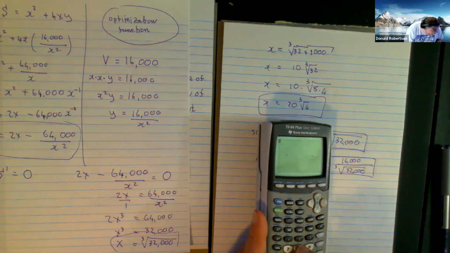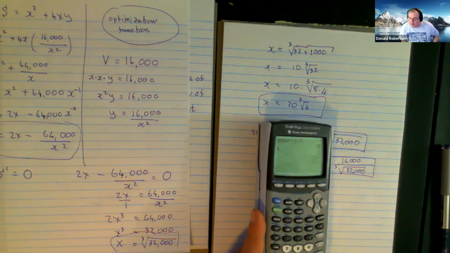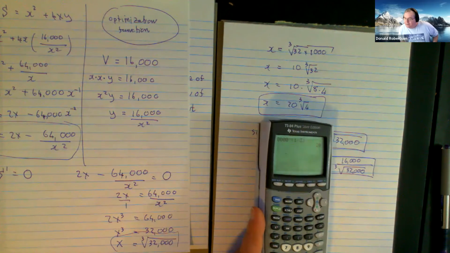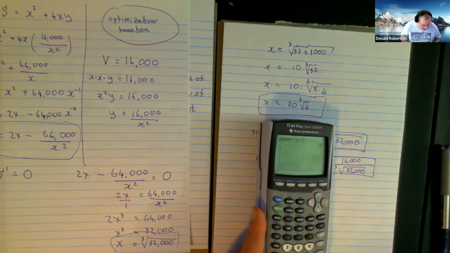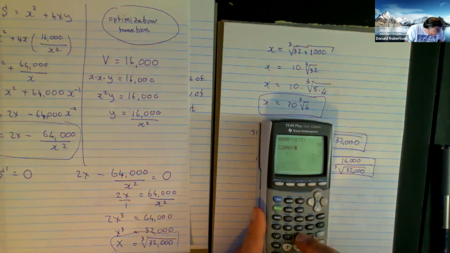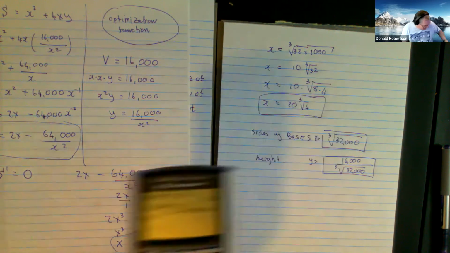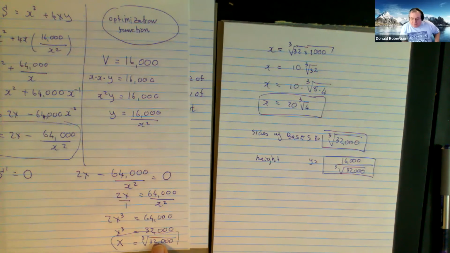So you go 8,000 to the power of 1/3. Now, do you see how that's a nice number? So I would have called it 20 if that had happened, right? But if I tried the cube root of 32,000, and the cube root is just a 1/3 power, you see it's just a ridiculous decimal, so I'm not going to bother. So it's okay to leave your answer like that.